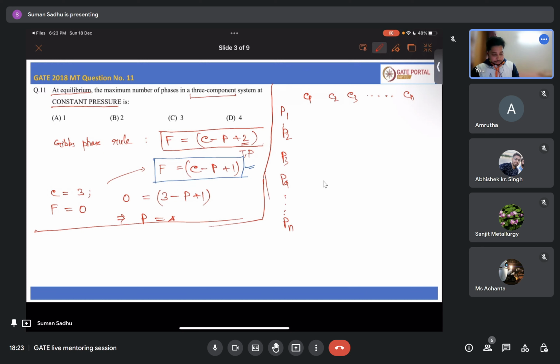Now, what is the total number of variables to define this system? If you want to define this system, what are the variables you have to mention? What is the total number of variables? Anybody?